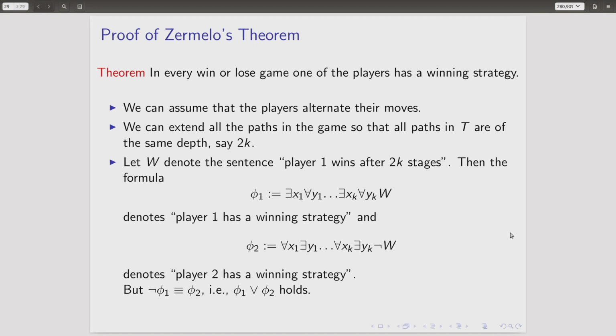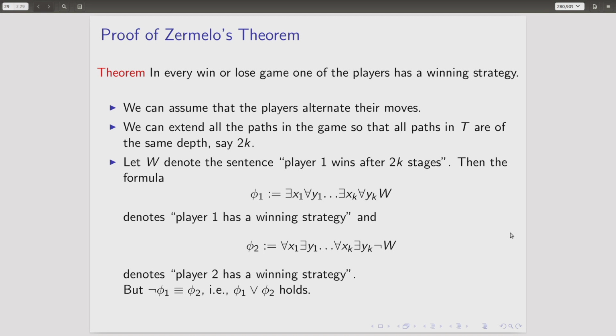And what is the statement here? It says that the player wins after 2k rounds, so after 2k stages. So this formula formalizes this sentence.